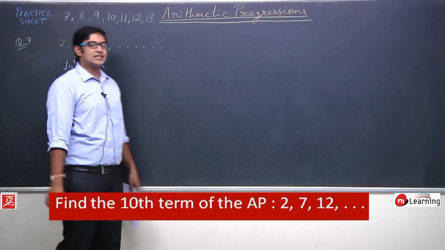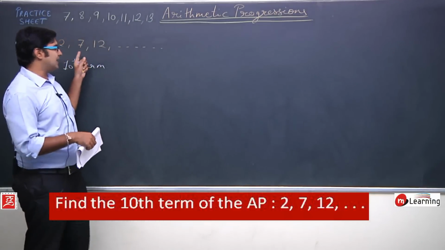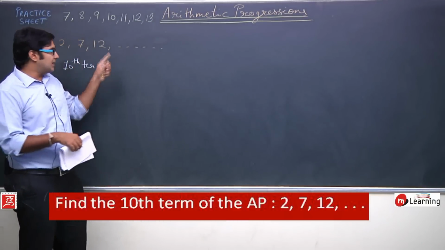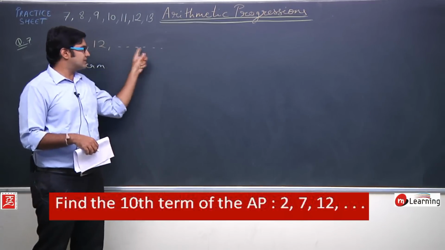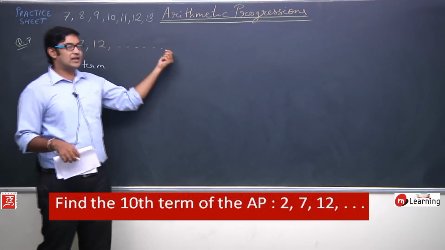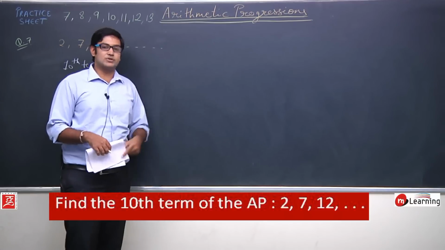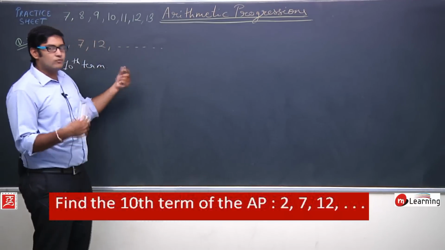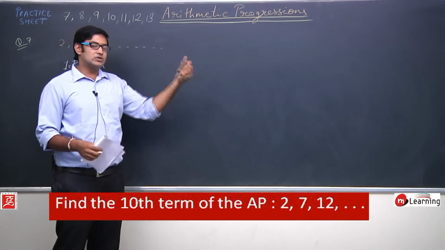So you have two methods to determine the 10th term. The first method is calculate A, calculate D and just write the next 7 terms, next 6 terms also, and then add the common difference to the 9th term to determine the 10th term. But that will be a long process. If I don't want to write the next terms of this AP, I can use another method.